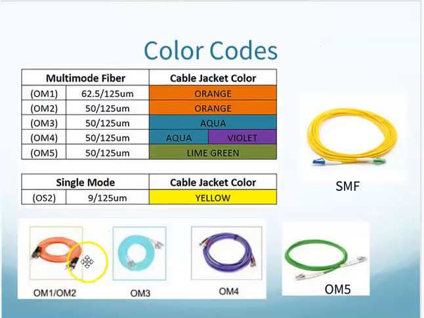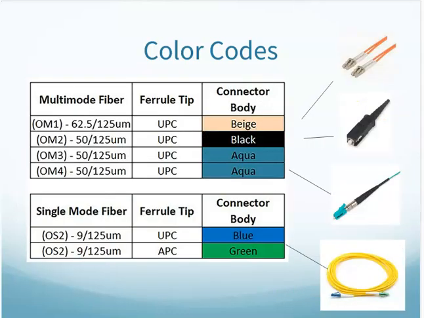So we now have the OM1 orange, OM3 your aqua color, OM4 your violet color, OM5 lime green, and single mode inside is typically yellow. And don't forget the connectors on the end can help you identify the type of fiber that's inside as well. What type of 50, 125, 62.5, whatever it happens to be.